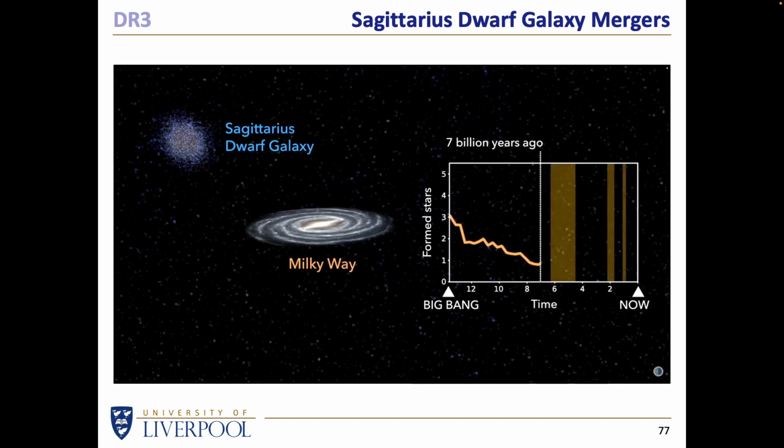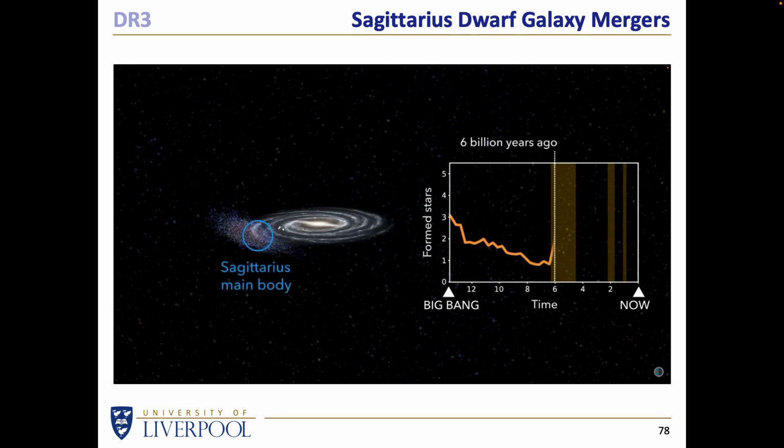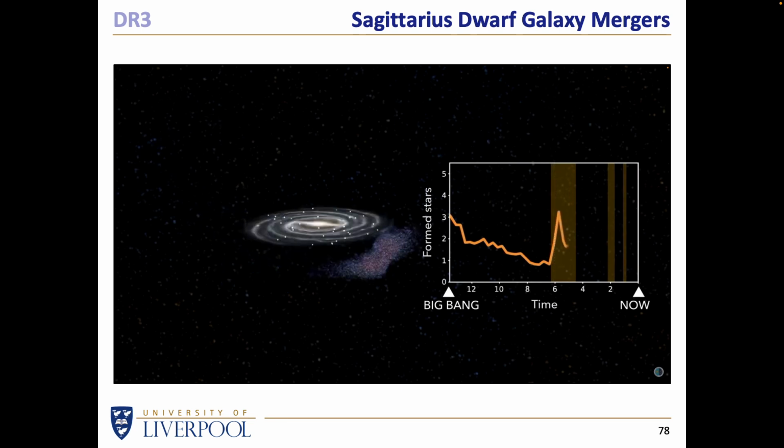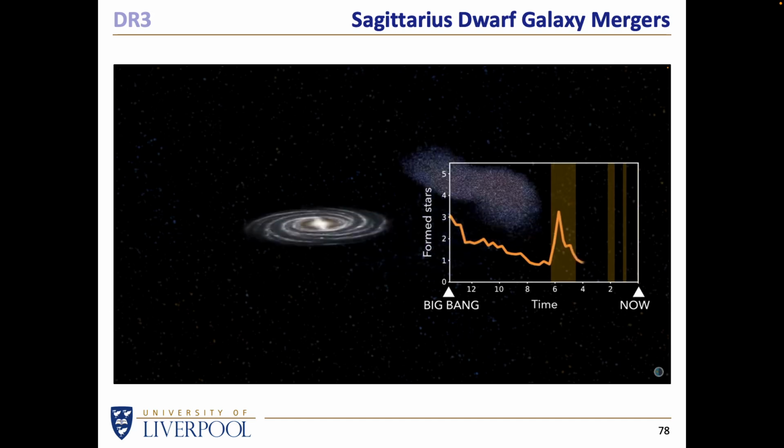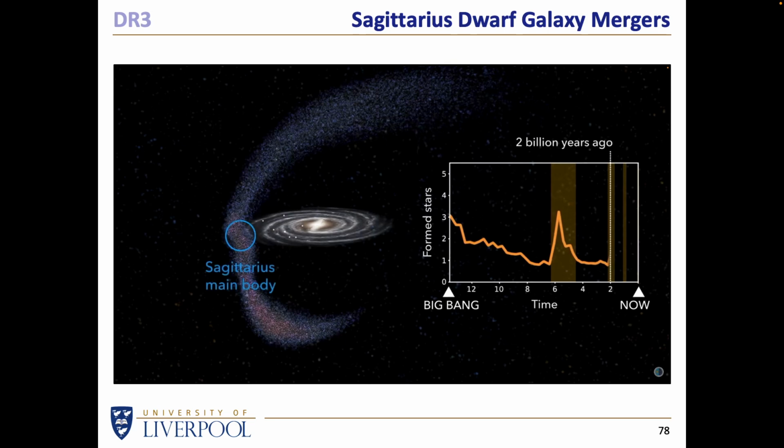The Sagittarius dwarf galaxy, this is built out of a model which takes into account all of the star motions that we currently see with Gaia, working backwards to say, how could they have come about by an interaction with the galaxy? We think the Sagittarius dwarf galaxy interacted with us about 6 billion years ago, clipped the edge of the Milky Way, dragged the dwarf galaxy out into a star stream, as it were, and then it clipped us again a second time about 2 billion years ago.